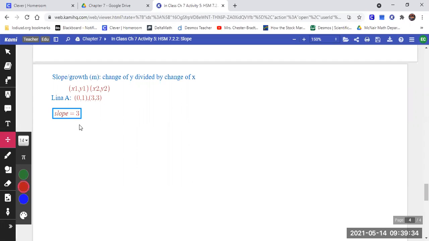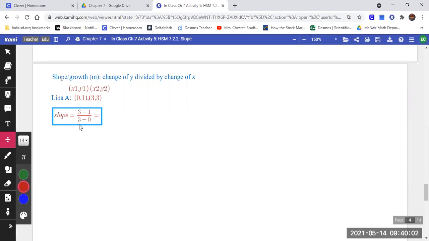So 3 minus 1, that's my 2 Y's, correct? That's the change of the Y's. Now we have to do the same thing for the X's. So we have to start at the same spot, 3 minus 0, okay? So we're finding the difference. We're finding the change that happened. And most of the time we had it on the graph, so we just counted and we didn't think about the fact that that just meant that we were subtracting the numbers from each other.